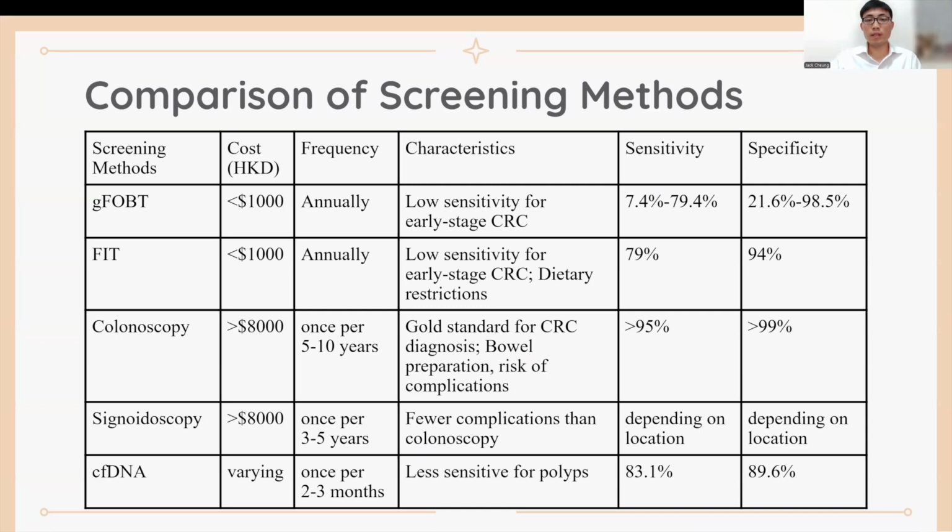Colonoscopy is the gold standard for CRC diagnosis. The need for preparation and the risk of complications mentioned above make it a test that should not be performed so frequently. For sigmoidoscopy and cfDNA, there are also different concerns regarding their location coverage and sensitivity for polyps.